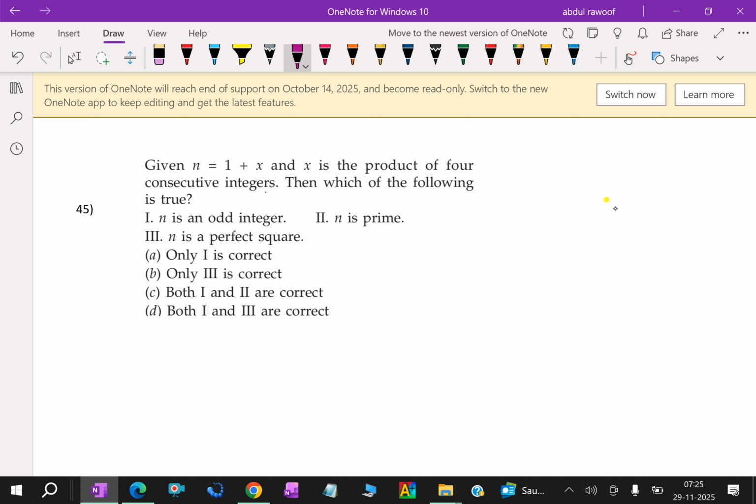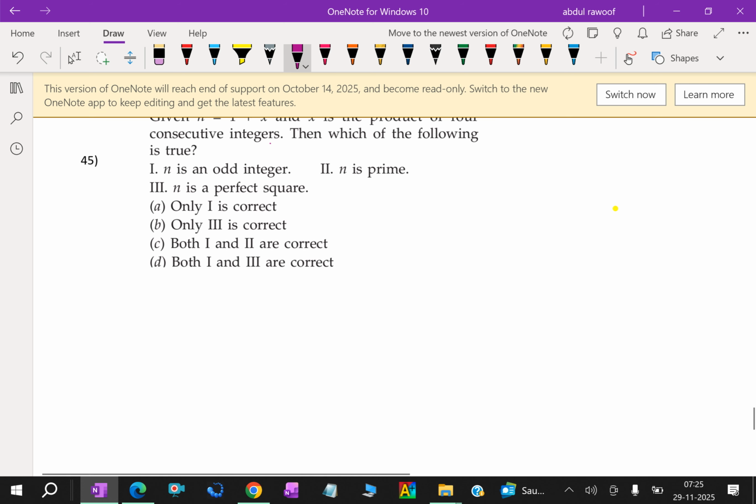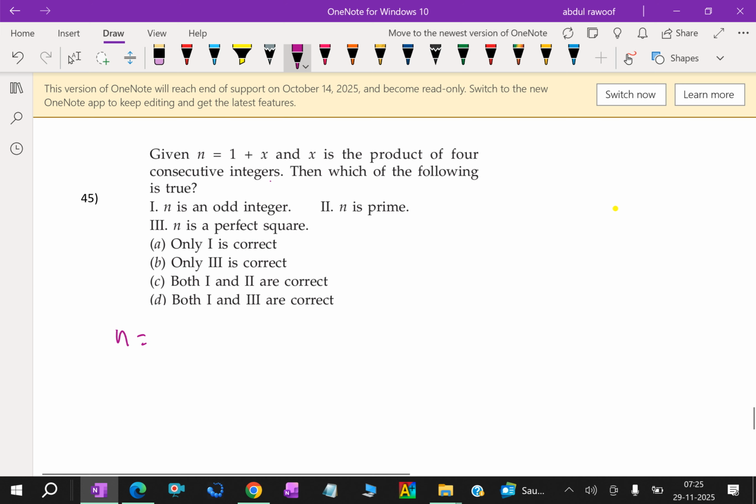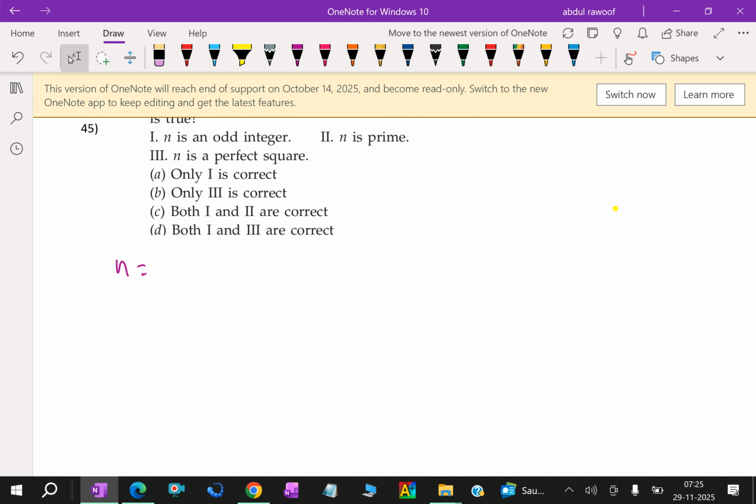Suppose n equal to 1 plus x, the product of the consecutive integers 1, 2, 3, 4.